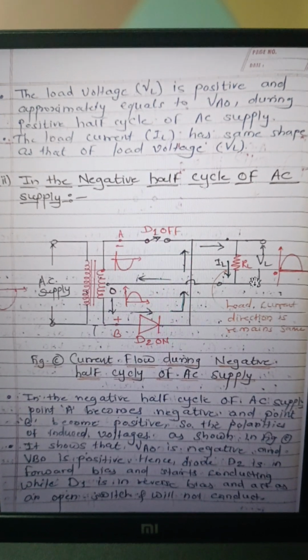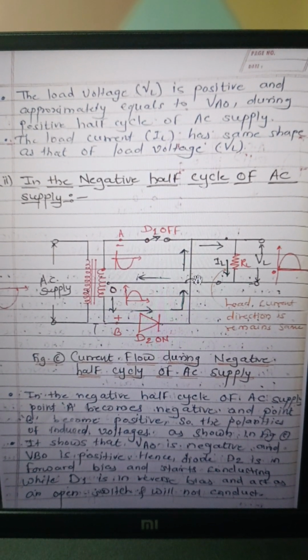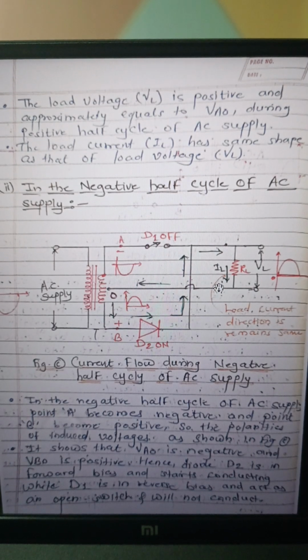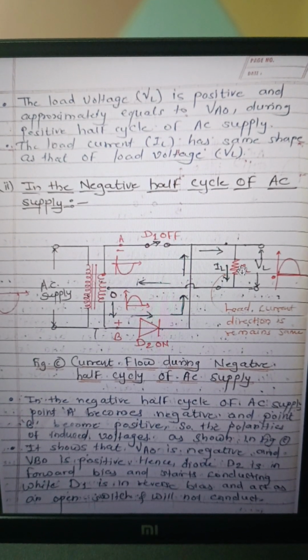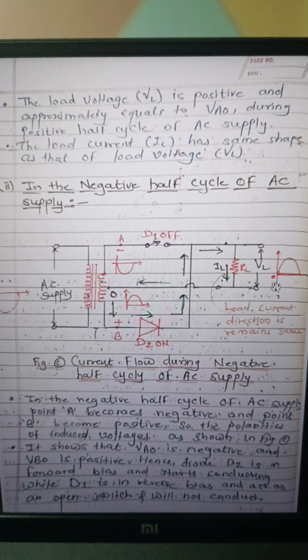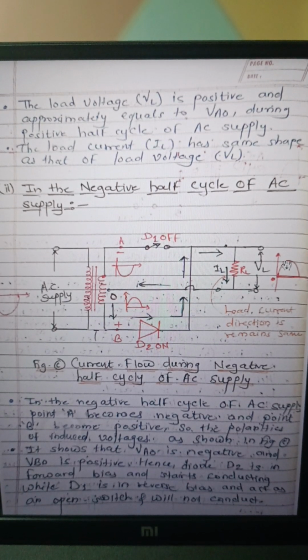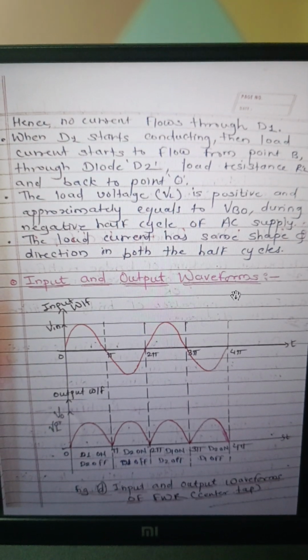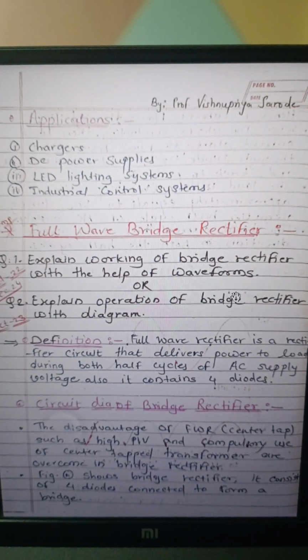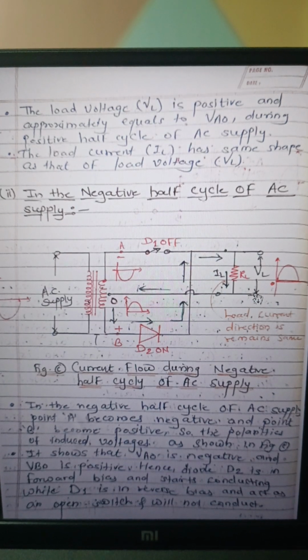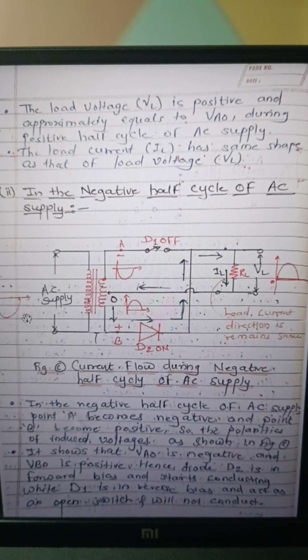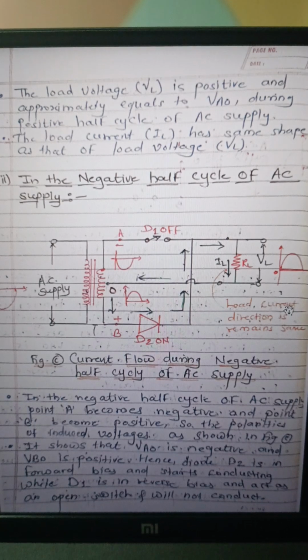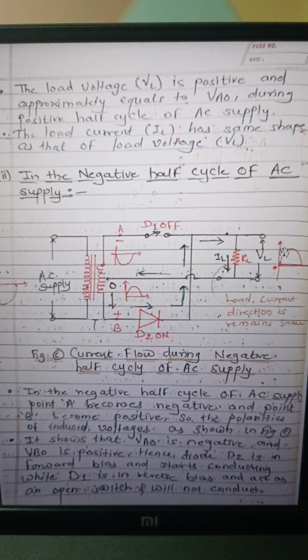If you observe, the current direction across RL is similar, that is A to B. So we will get positive output voltage at the output side, means during the negative half cycle of input, we will get positive half cycle at the output.